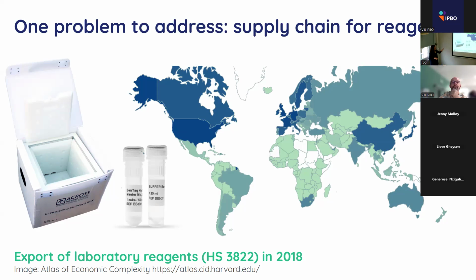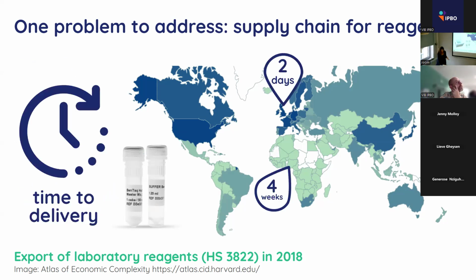So this is a challenge, and there's a cost and complexity issue, but there's also a timing issue around how long it takes. I'm fortunate, being based in the UK, that we have a lot of distribution and a lot of life sciences and biotech companies. So typically for very standard reagents that we use day to day, we would wait a maximum of 2 days maybe for something to be delivered.